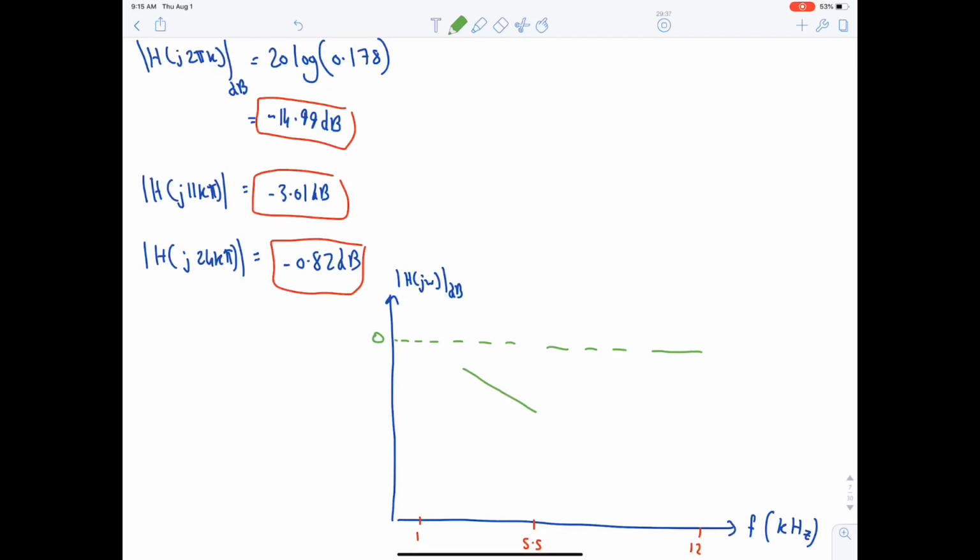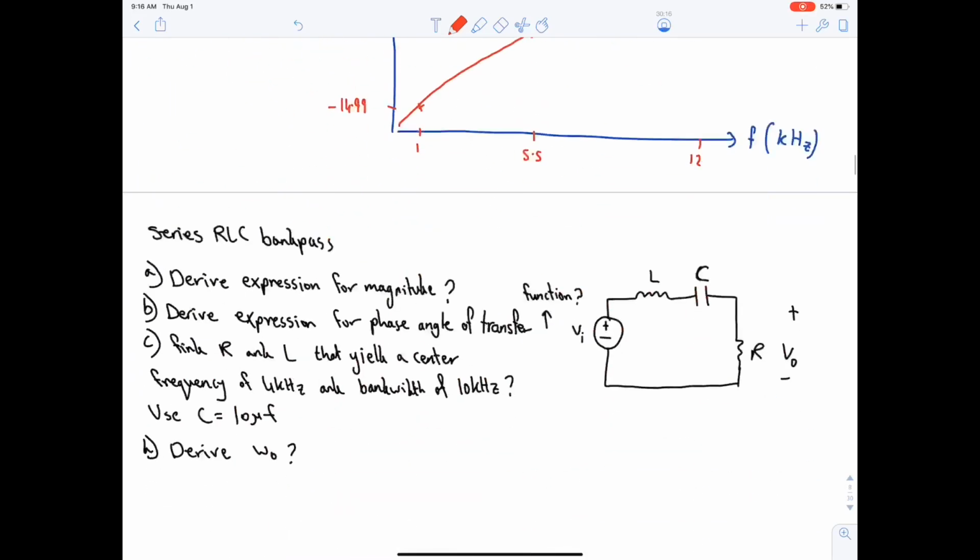When we are at frequency 1 kilohertz, our magnitude in dB is minus 14.99, so it's here. For 5.5 it's minus 3.01, and 12 is minus 0.82. This is our graph, and it looks like a high pass filter.